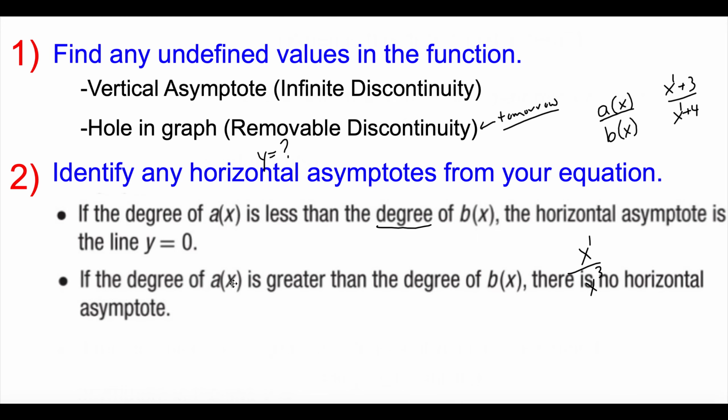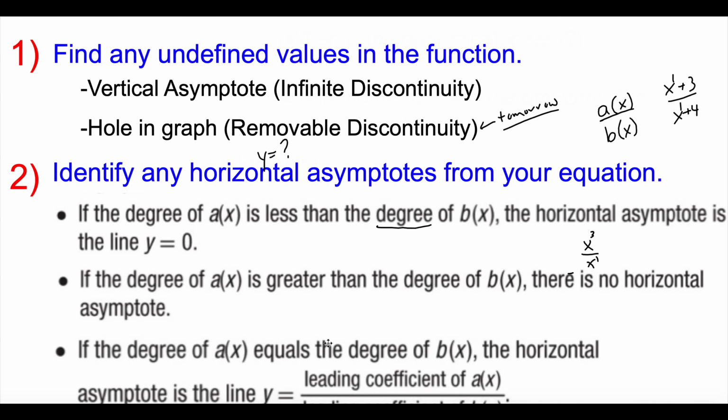If the degree of the top is bigger than the degree of the bottom, then there's no horizontal asymptote. So let's move this out of the way. So in this case, you would have something like x cubed over x to the first power. Okay, if the degree of the top is bigger than the degree of the bottom, there's no horizontal asymptote. There is no y equals asymptote.